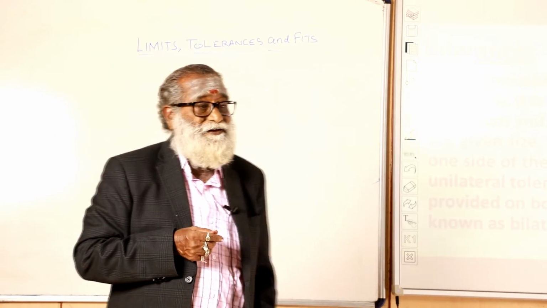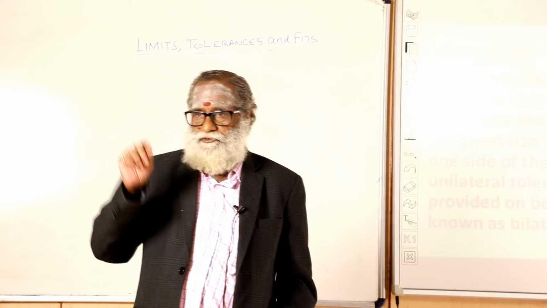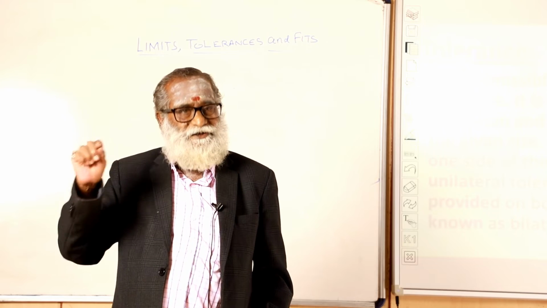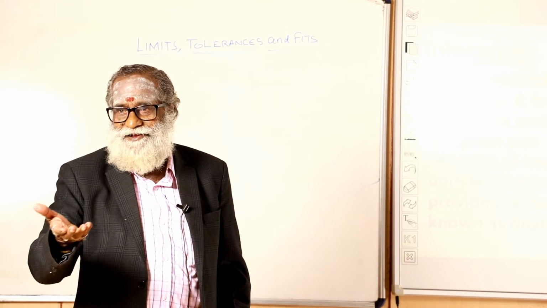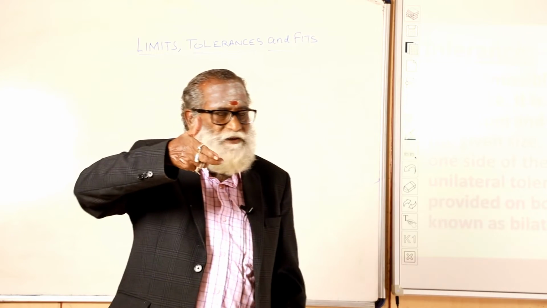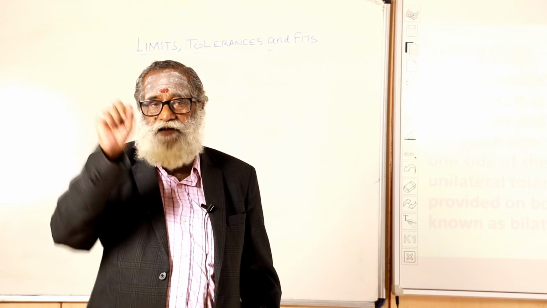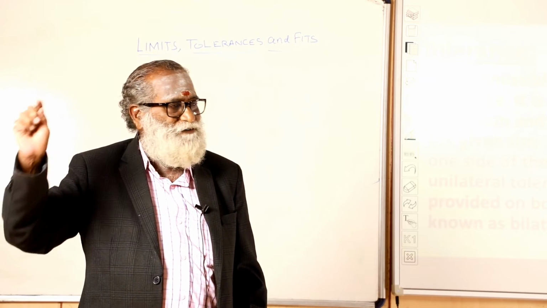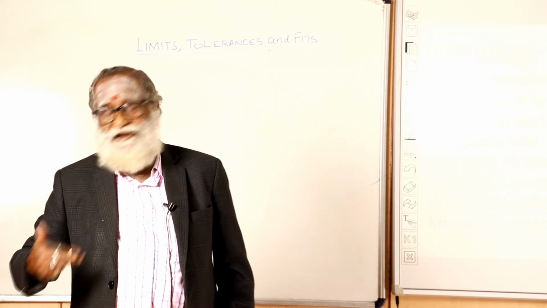In case I mention minus 0.05, that is less than the basic size, the lower deviation. On the basis of the basic size we determine plus or minus 0.05: the upper deviation and the lower deviation.